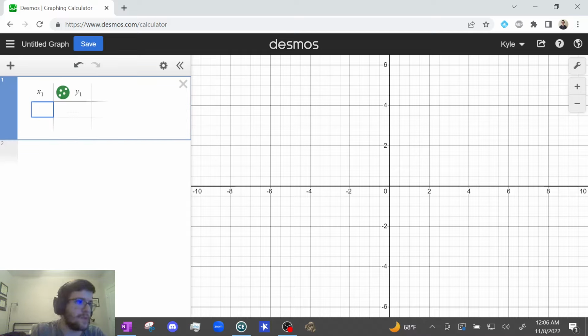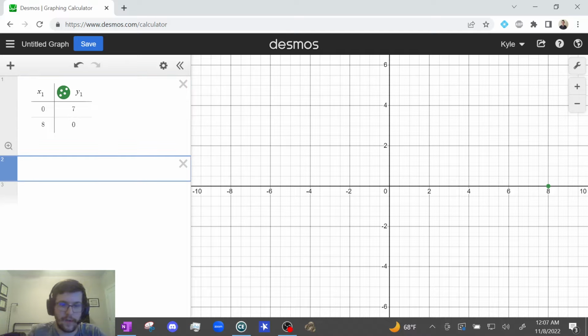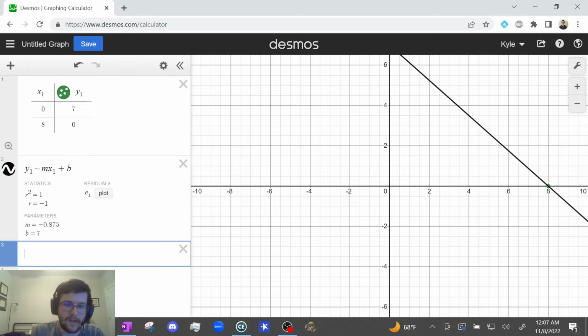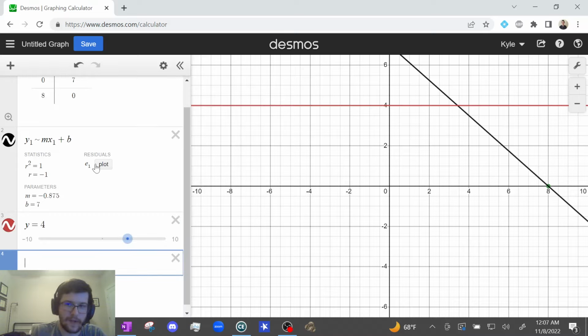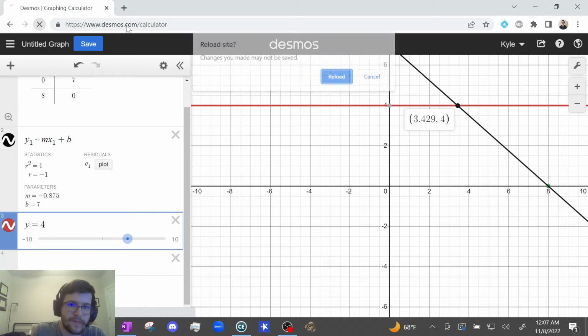So what is it? 0, 7, and 8, 0. And you can regress it y1 tilde mx1 plus b. And then we want y to be equal to 4. So y equals 4, and you get 3.429, which is just the rounded version of 24 over 7. So that was another way to do it.